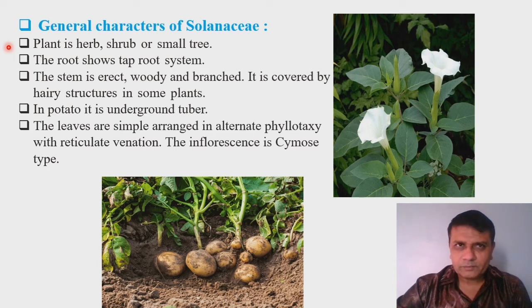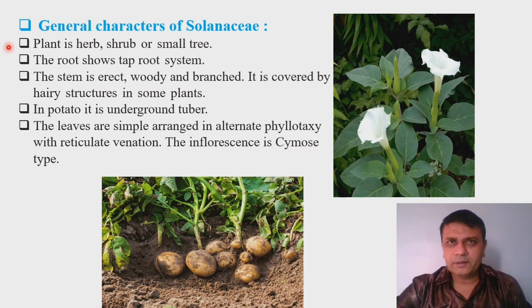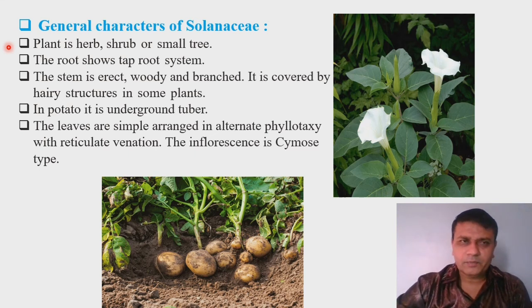Then next to them are the plants which are more in height than the herbs, called shrubs, and small trees are of greater height than the shrubs. So mostly the plants are either herbs, shrubs or small trees.